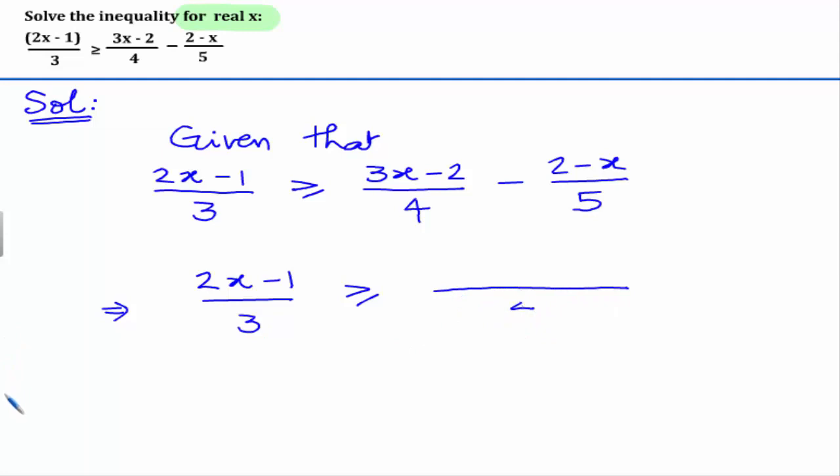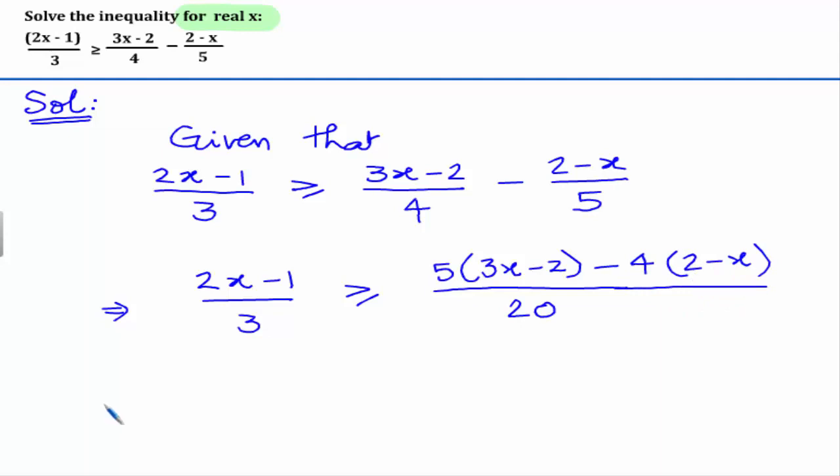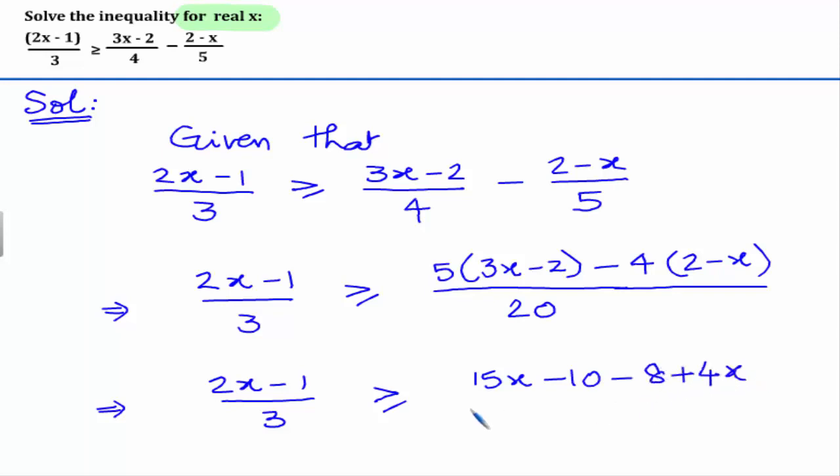The LCM is 20 here, so this is 5 into 3x minus 2 minus 4 into 2 minus x, and on further simplification we get 2x minus 1 by 3, here 15x minus 10 minus 8 plus 4x by 20.